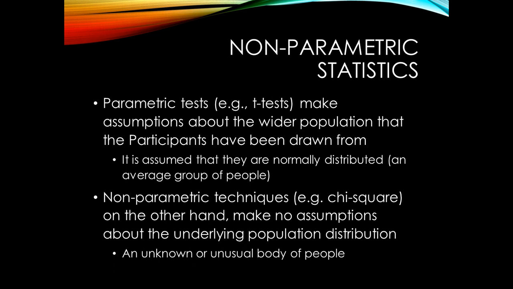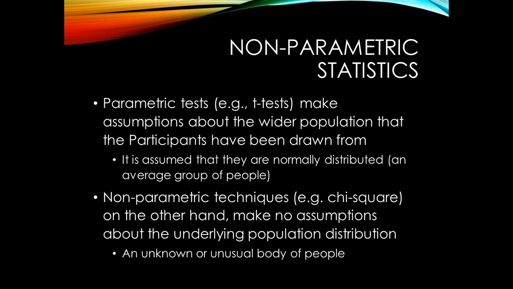The ones for parametric tests assume that your participants, the people who took part in your experiment, all came from a wider population of individuals who have a fairly normal distribution of features about them. So, in other words, they're fairly average, ordinary, standard people. There's nothing particularly weird or bizarre or unusual about them. That they're a standard group of people. And so you would use a parametric test if that were the case.